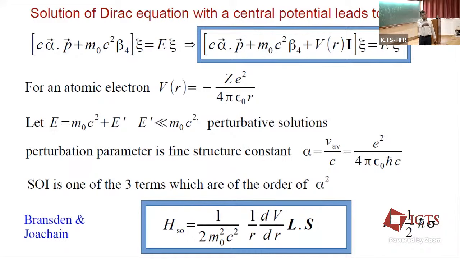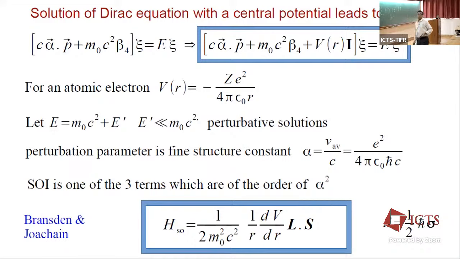In fact, we have understood that in case of electron in the first Bohr orbit, this is alpha square order difference in energy. So this is the orbital energy, and this is the rest energy. Then you can use perturbation, and this perturbation parameter is alpha. Actually, it goes as alpha square order.